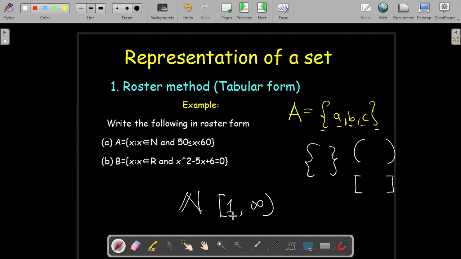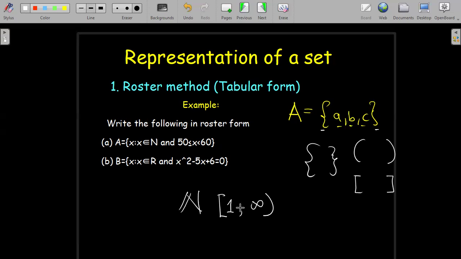The square bracket represents that it's closed, meaning that 1 is part of that set. On the other side, where it is open, you use a bracket that is open, which means infinity is not part of it, because you don't know what positive infinity is. It's not a specific value, so it cannot be part of the set.